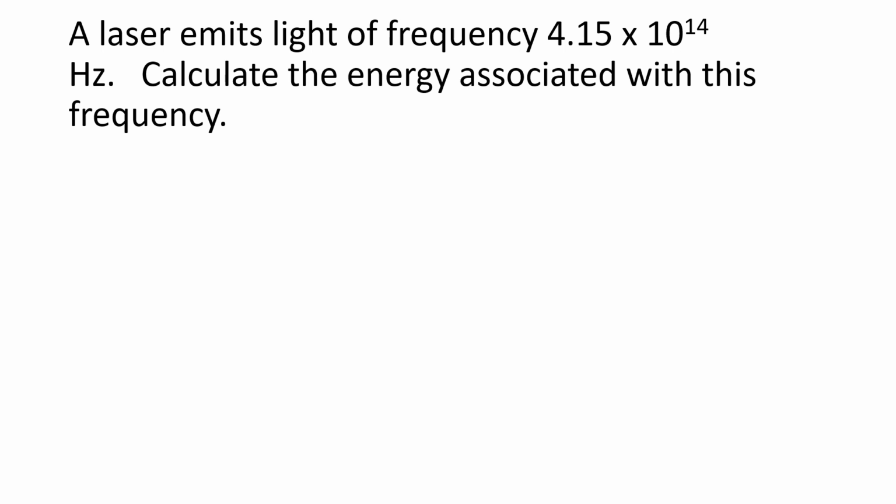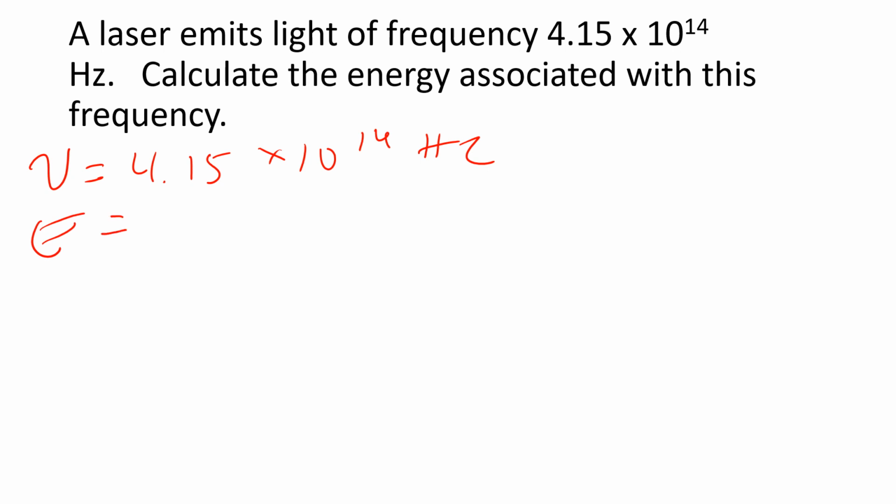A laser emits a light frequency of 4.15 times 10 to the 14 hertz. So notice how light has a more frequent frequency. That is this symbol, nu. Calculate the energy.